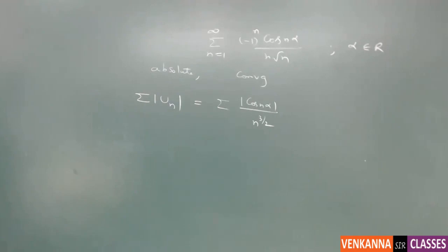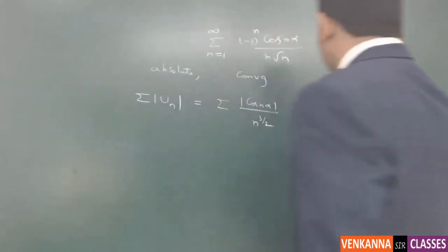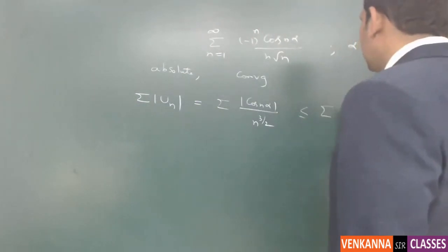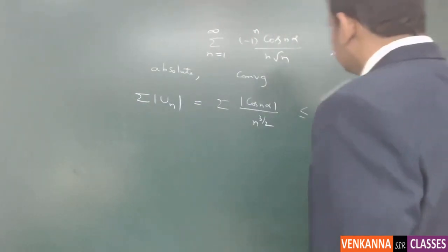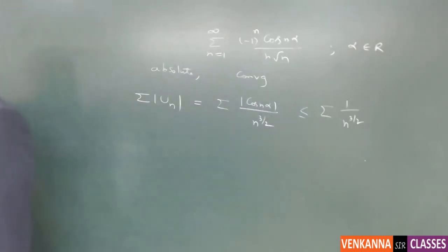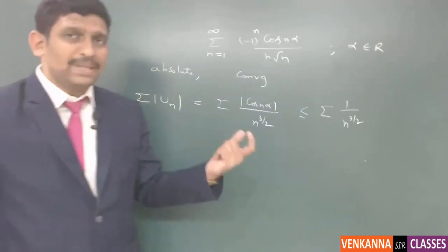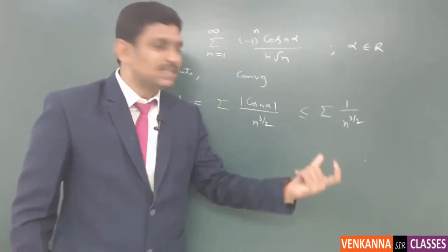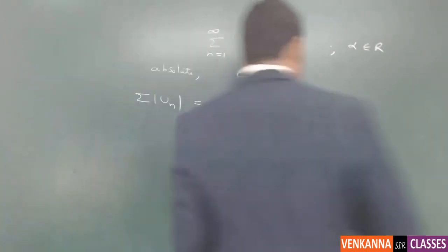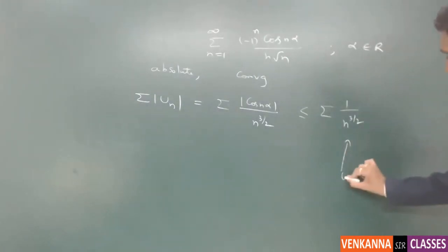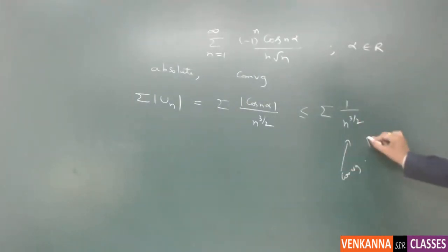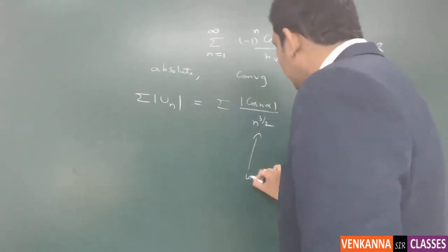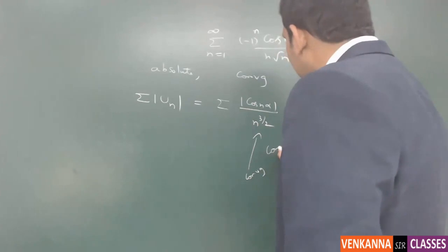As we know that modulus of cos x is less than or equal to 1, you can say that this is less than or equal to summation 1 by n power 3 by 2. And since by P series test it is convergent, therefore by comparison test this is convergent.